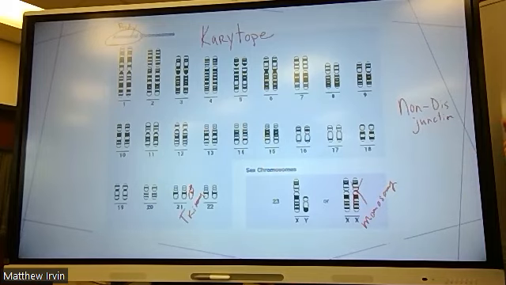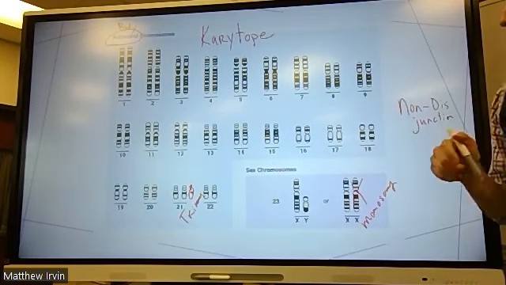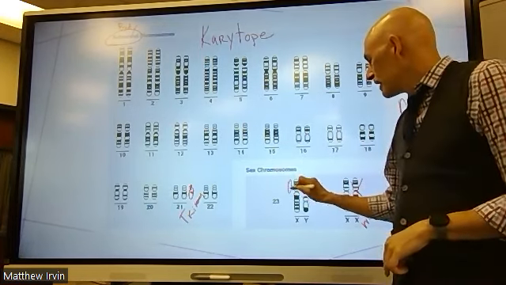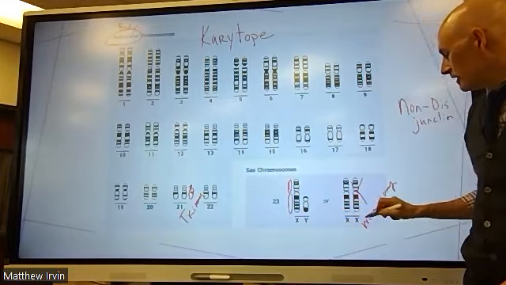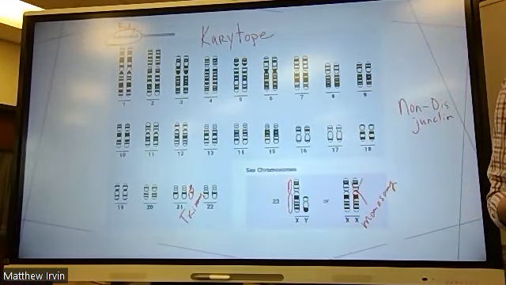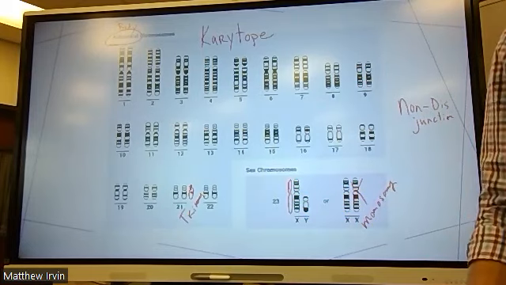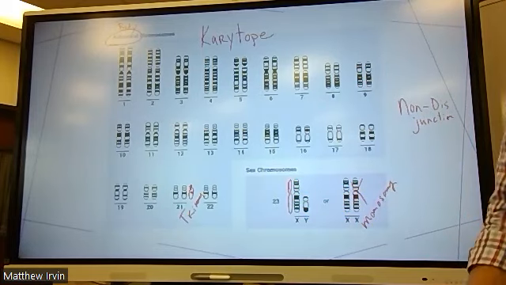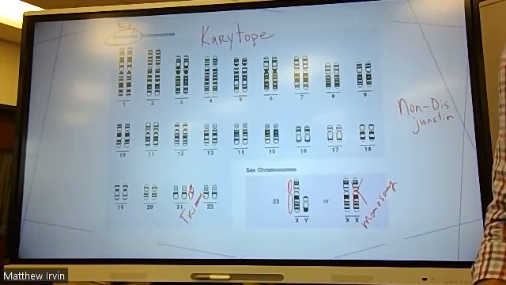One of them always gets turned off, making a Barr body. But you could have XXY, you could have XXX, you could have XYY. YY would not develop because you need at least one X chromosome for proper development.